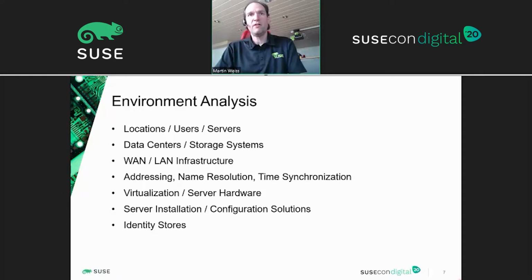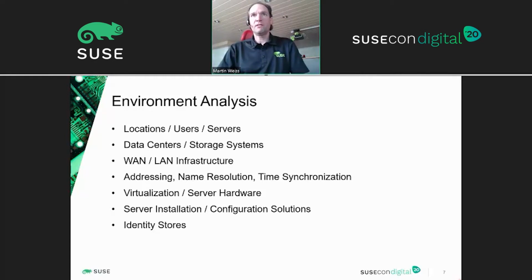What sizes do you have, etc.? Next step is, because we need to install servers, we have to understand if there is already some sort of installation framework or configuration management solution available. And last but not least, we have to understand what type of identity stores like Active Directory, LDAP, OpenID, whatever are available. So just in case we need to integrate authentication and authorization to these systems.